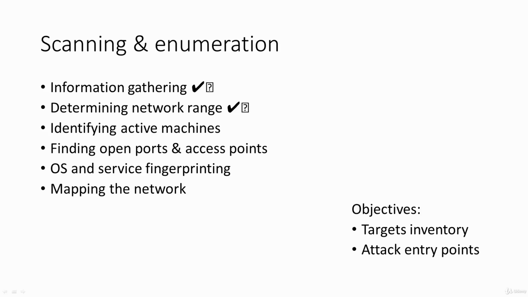So first of all, we have to identify active machines within the scope. Within these network ranges that we have already figured out, we have to understand what runs there and what can be actively interacted with, right?